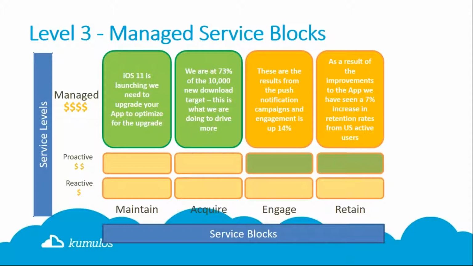But in this example, again, the engage and retain phase isn't so important because it's a relatively mature app. But ultimately in time, you'd be looking at having a managed service across the whole of the app, where you're not just responsible for driving downloads, but also for a KPI for the level of engaged users.